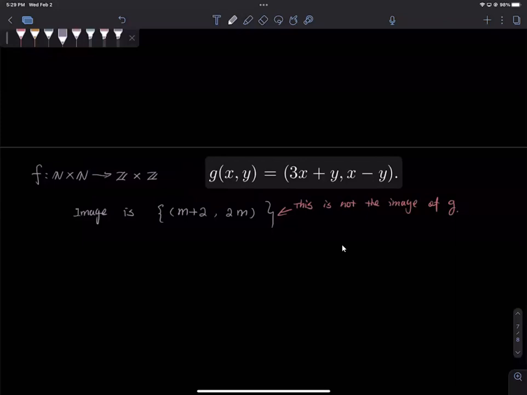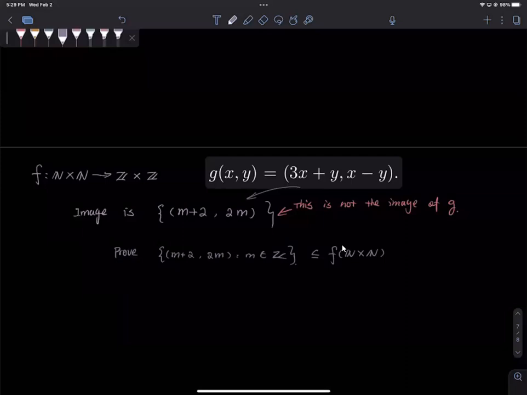So the rough work you need to do is, if they ask you to prove, well, I don't know, M is this. Okay, for example, it's not the image. They ask you to prove this is in the image.